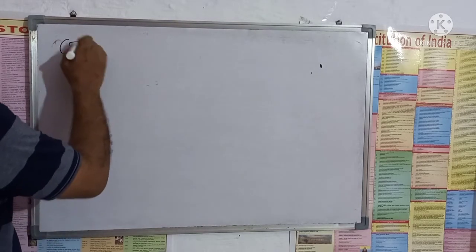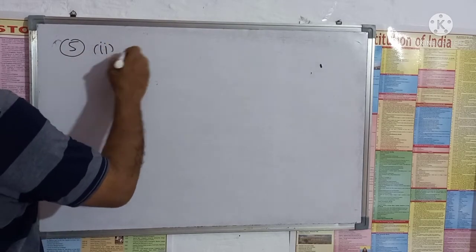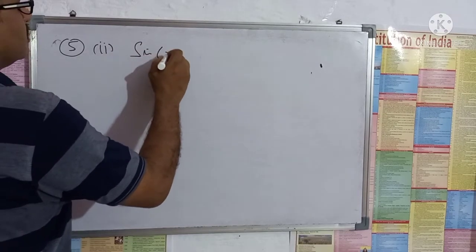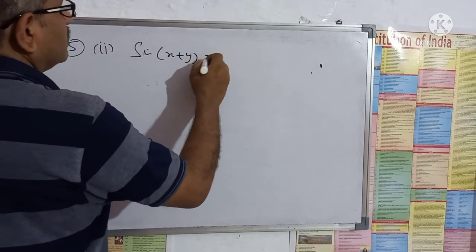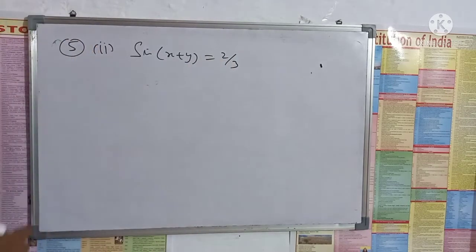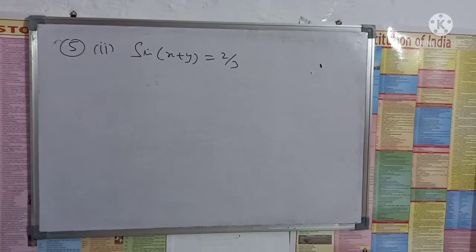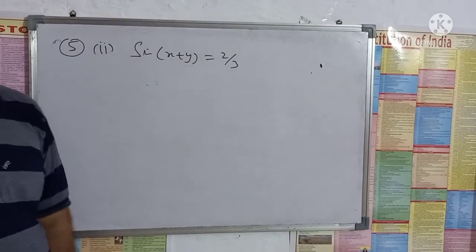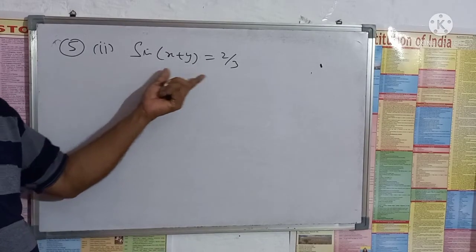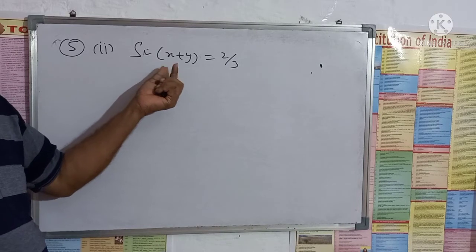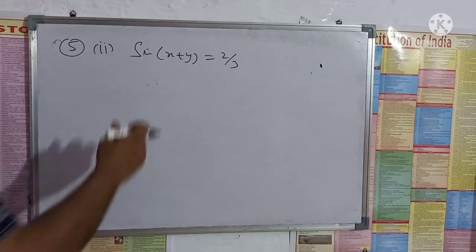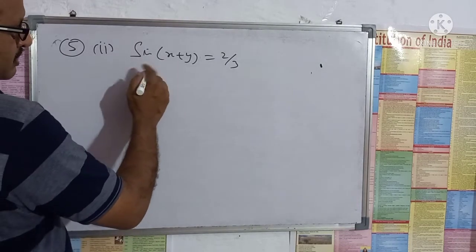Now question number 5, second part. It is written sin of x plus y is equal to 2 by 3. Again, we cannot separate x and y here, so we have to differentiate it.